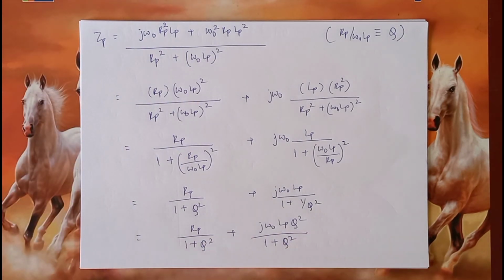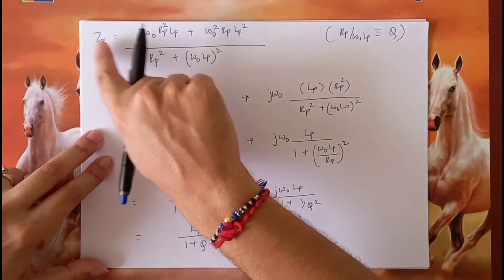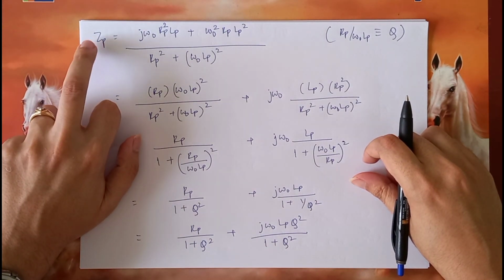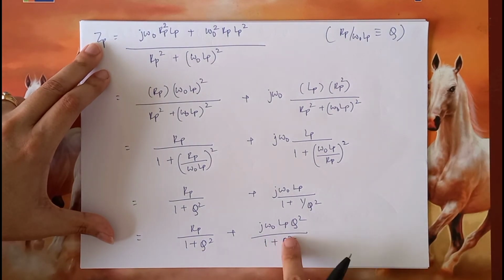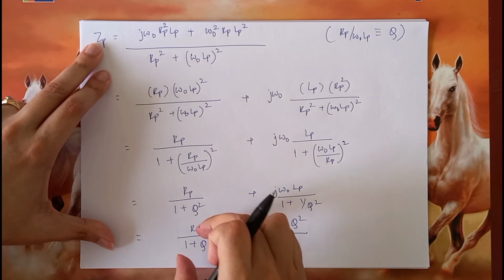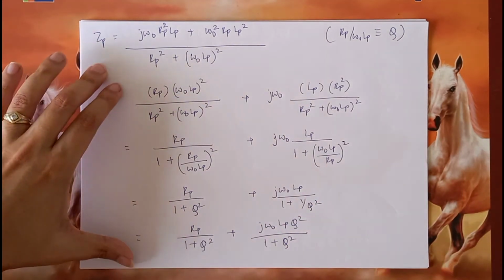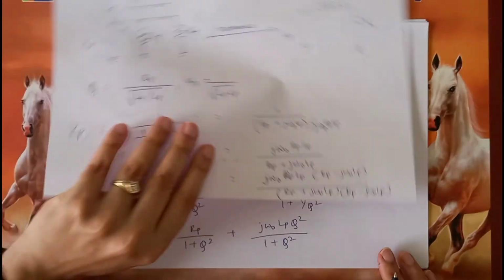So what we have done over here is we have effectively represented the impedance of the parallel RL network seen by the CP capacitor in the form of a sum of a resistor and an inductor. So this is the real part, means this is a resistor, and this imaginary part means j omega something, it's an inductor.